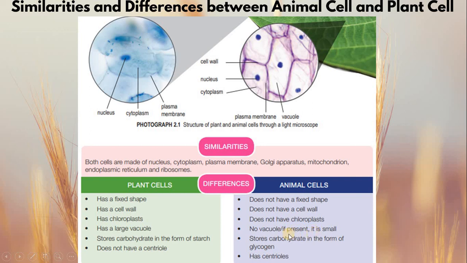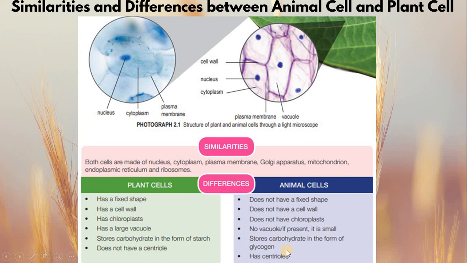Or you can just write animal cells have no vacuole. Then, plant cells store carbohydrate in the form of starch, while animal cells store carbohydrate in the form of glycogen. Last one: plant cell does not have a centriole, while animal cell has centriole.